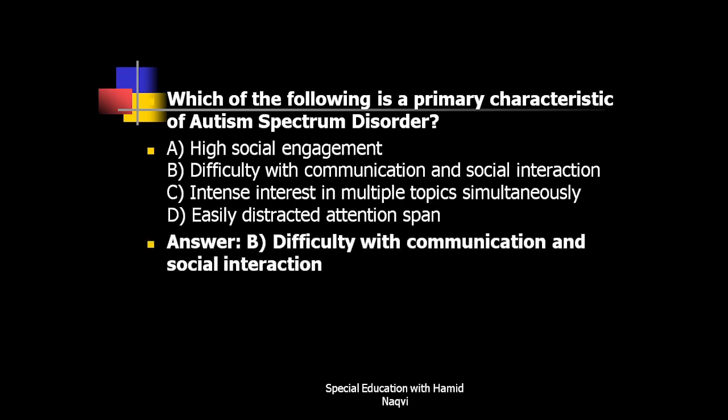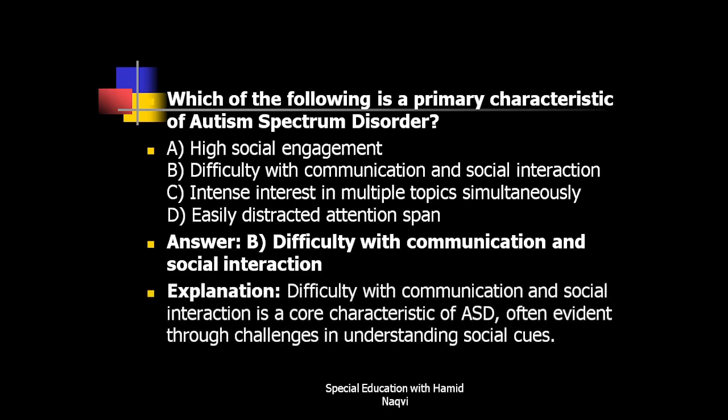Answer is B, that is difficulty with communication and social interaction. The reason is that difficulty with communication and social interaction is a core characteristic of autism, often evident through challenges in understanding social cues.